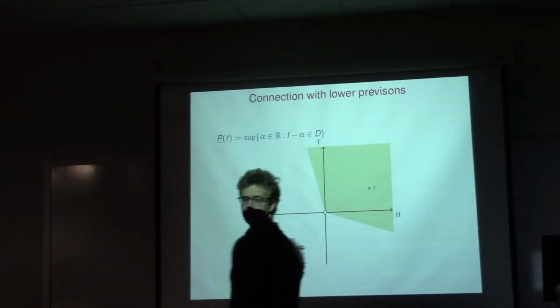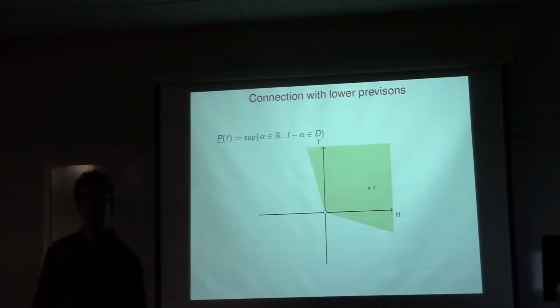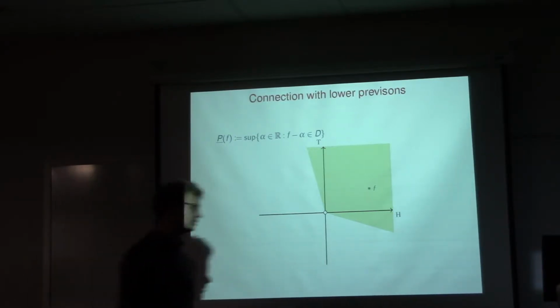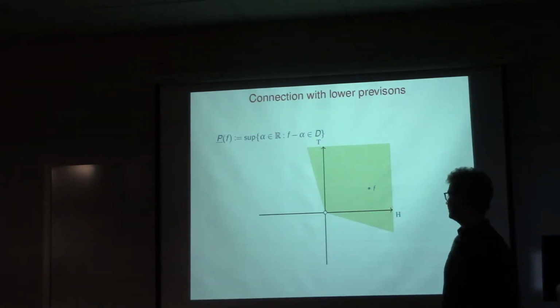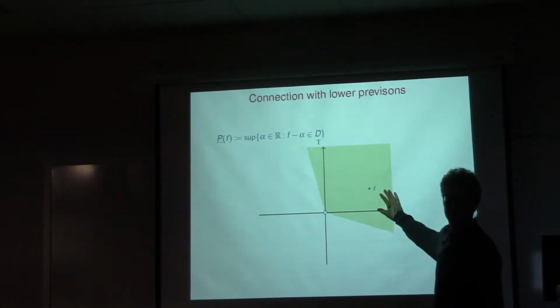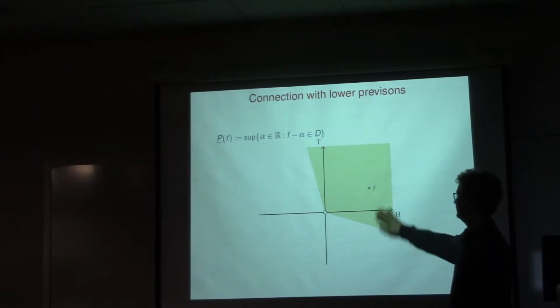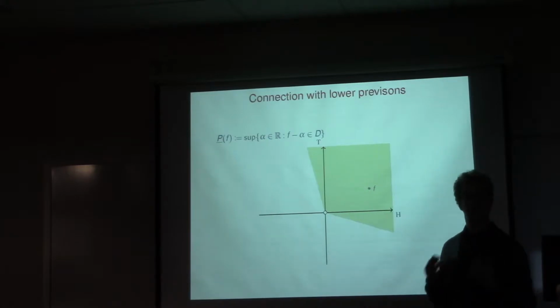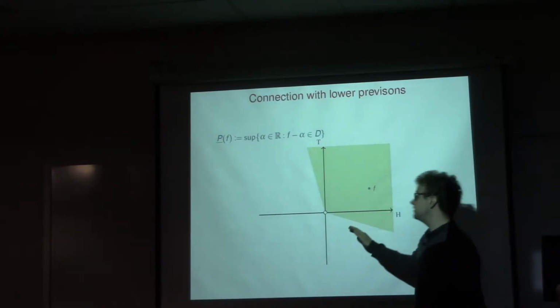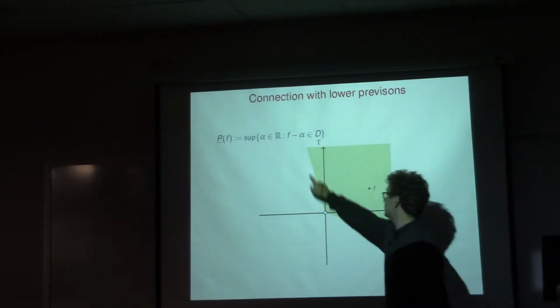Okay, so let us now make the connection with sets of probabilities. And I guess at this point, I should clarify, to your question, that this is not exhaustive. In this picture, I have said to you what gambles I find desirable. I haven't said that the other gambles are not desirable for me.